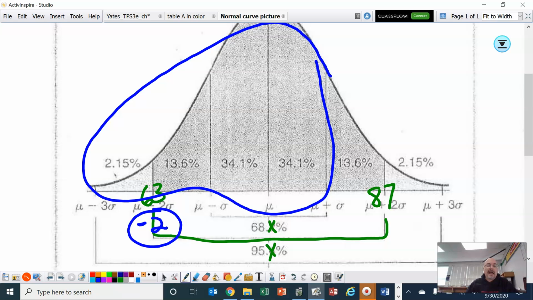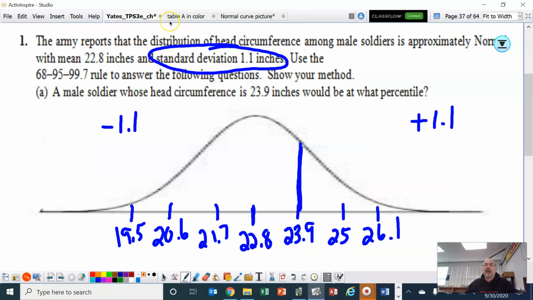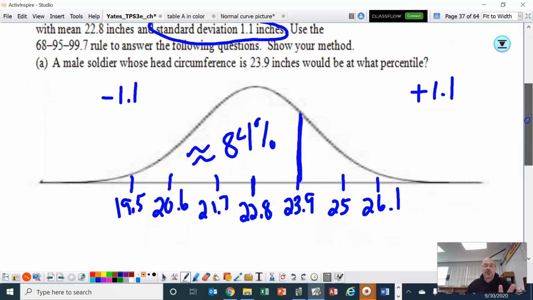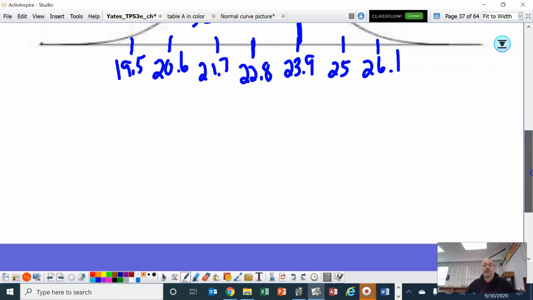So I figured that out, and that would be approximately 84%. If I add all of those up, don't forget there's a little bit in this tail and a little bit in that tail, which doesn't show up on this picture. So that's going to be approximately 84%. The decimal is 0.84, but change it to a percent, it's about 84%. And that was just using that picture.